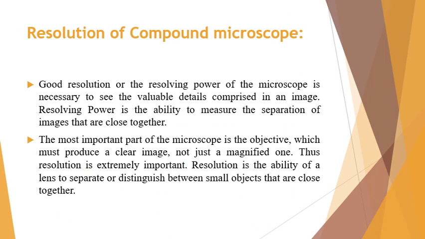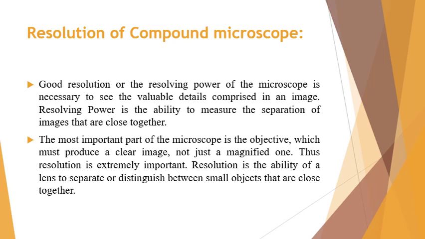Another technical term related to a microscope is resolution. Good resolution, or the resolving power of the microscope, is necessary to see the valuable detail comprised in an image. So what is resolution? Resolution is the resolving power, or the ability to measure the separation of images that are close together.